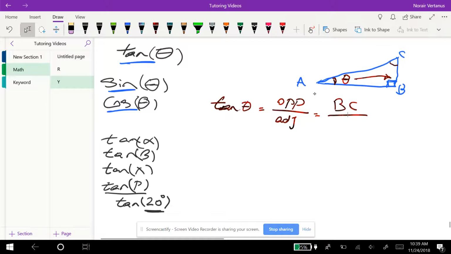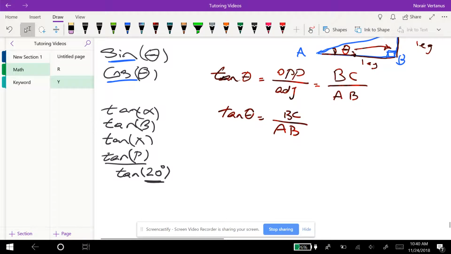And adjacent of theta is this leg, AB. So it's about these two legs, not the hypotenuse. Basically, tan of theta means the ratio of BC to AB. It gives us the ratio of one segment to the other, and that's it.